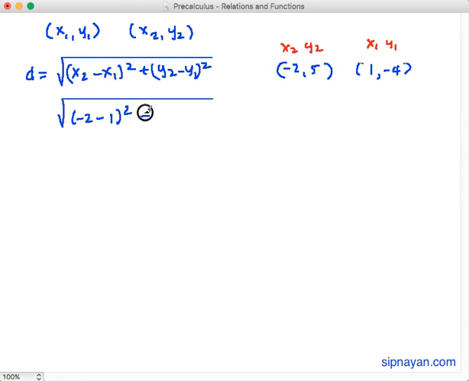And then squared, and then plus, what is our y sub 2? 5 minus, what is our y sub 1? Oh, negative 4. Okay, this is the parenthesis for negative 4. We'll need another parenthesis here. And then squared.